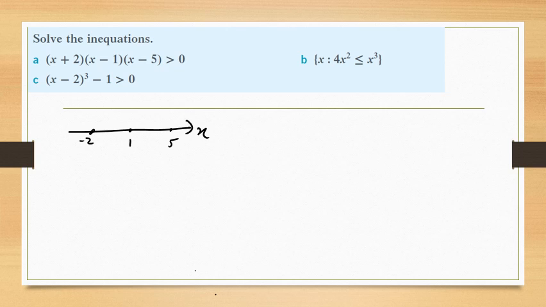So then simply draw it out. Then we want the sections where it's greater than 0, so we want this top half. So that would mean x is in between -2 and 1, and also 5 and greater.